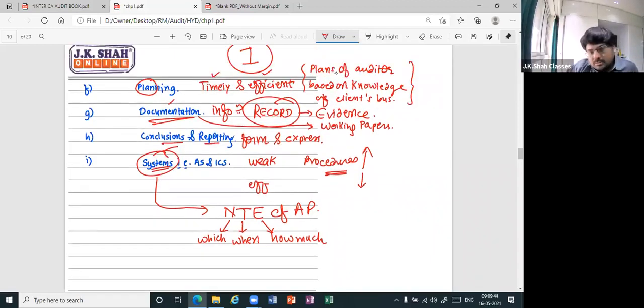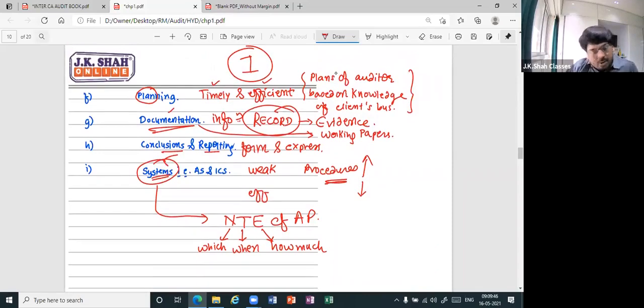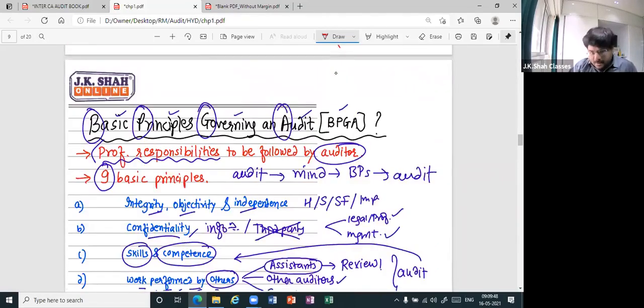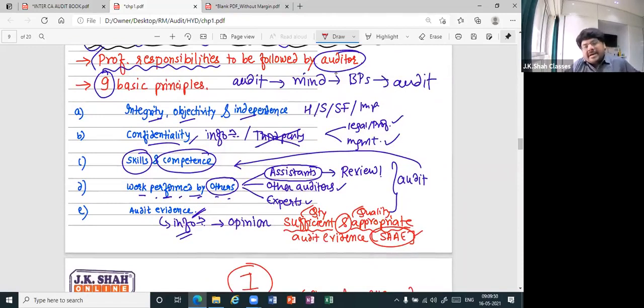All cool? So how many are there? Nine. One by one, quick recap. Firstly, what do you mean by integrity, objectivity, and independence? The auditor should be honest, sincere, straightforward, with an impartial attitude. What do you mean by confidentiality? Secrecy. Information should not be disclosed to a third party. However, can he disclose?